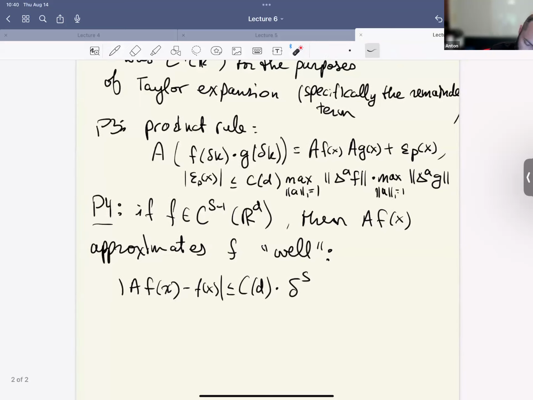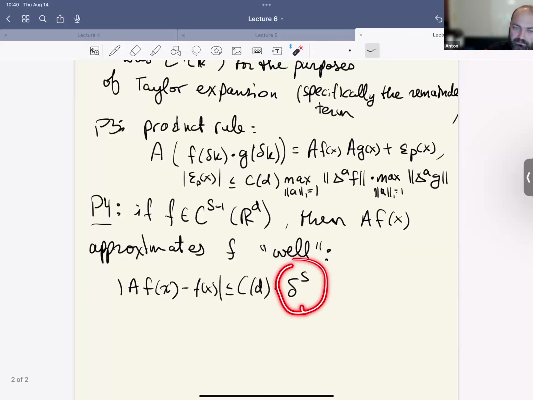So remember, for intuition purposes, the main driver of what it means to be a small term is the delta. The delta will be our scaling factor. It'll go to 0. So the higher power of delta that we can get, the smaller the error. Which means that s comes from the smoothness of the original function. So the smoother the original function, the better we can approximate it.